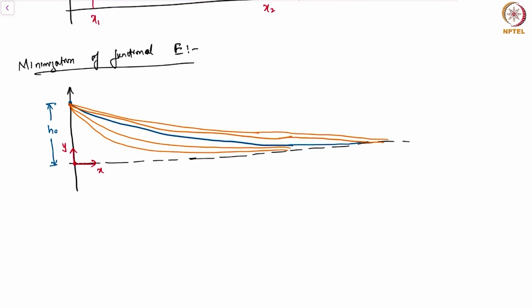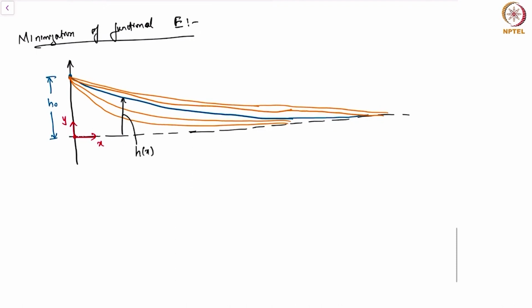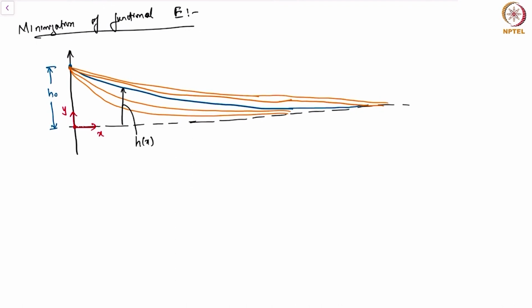For this, we need to use calculus of variations, where we will take the true meniscus, the meniscus that we really want, which actually minimizes the functional, and call it h of x. Then we take any arbitrary meniscus, let's call this h bar of x. We will say it is h of x plus a perturbation, the deviations from this function, which we call epsilon times eta of x.